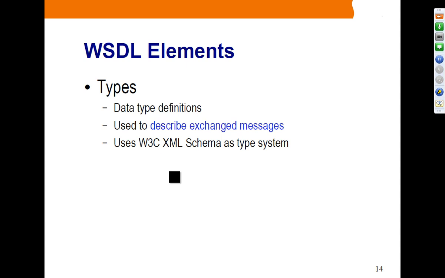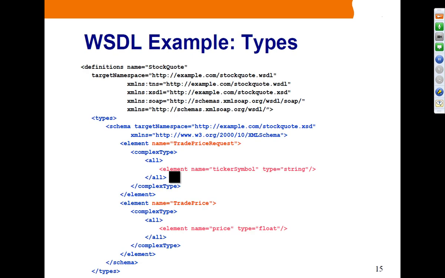Types basically uses XML schema, and it includes the XML schema of the XML messages that are being exchanged. Let's say an example. If you want to send an XML message, the request message should contain a ticker symbol whose type is string, and the response message contains a price element whose type is float.